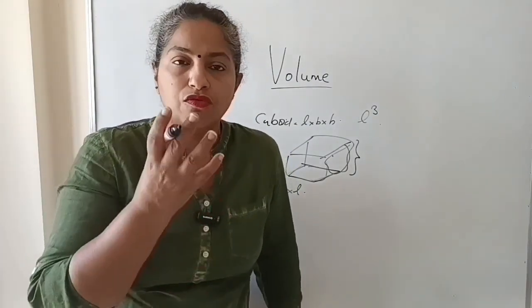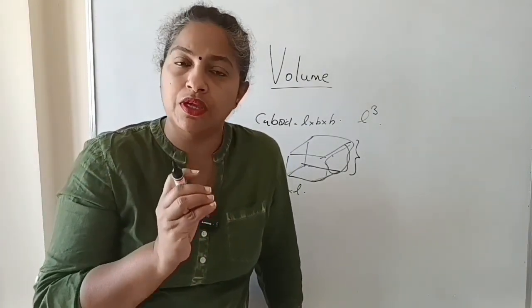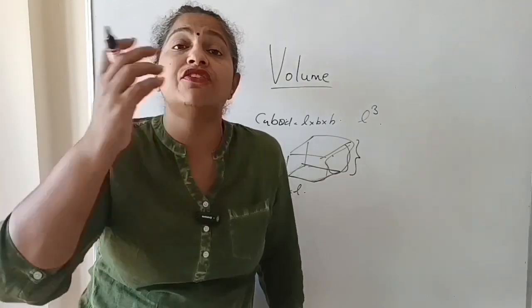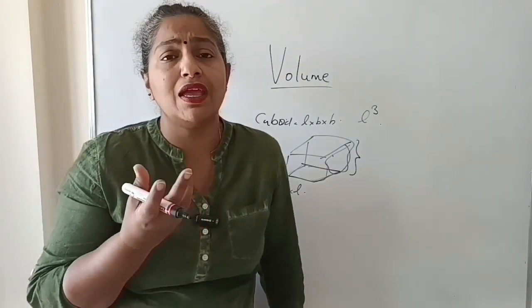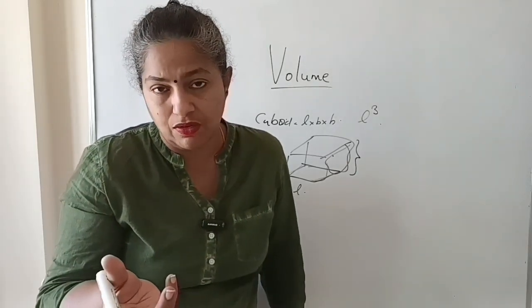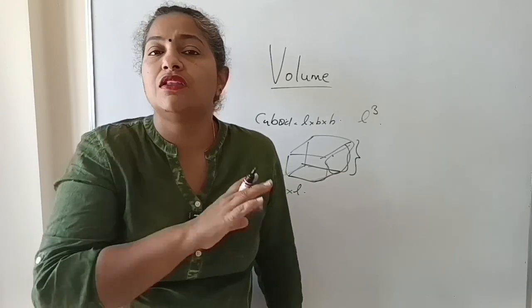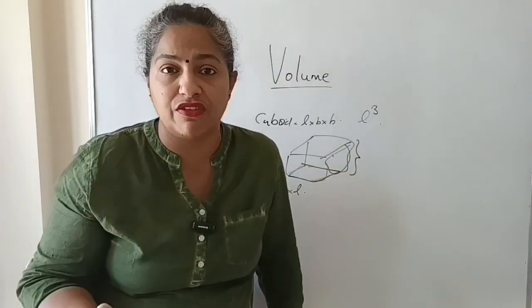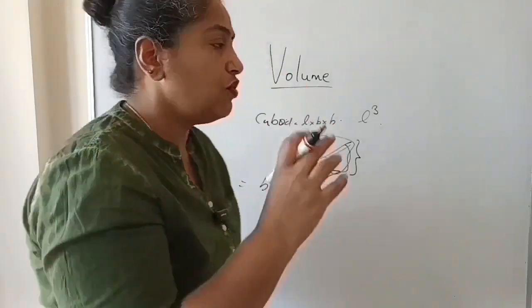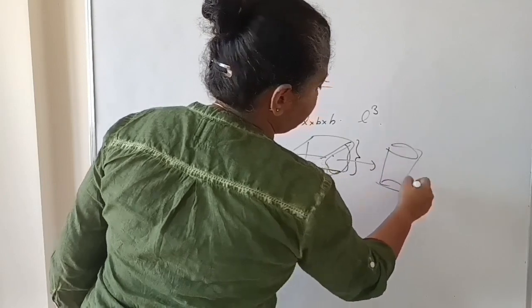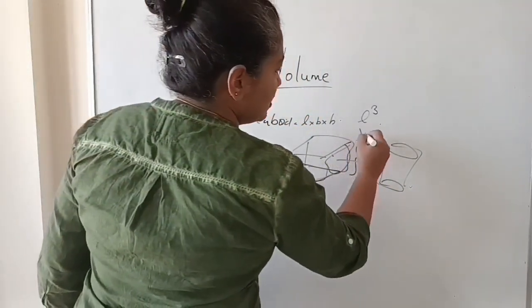Okay. Now, one important point that you need to keep in mind is that whenever you are converting a solid from one shape to another, suppose you are converting a metal cuboid from the cuboid shape to a cylindrical shape, the volume will never change even though the shape changes.